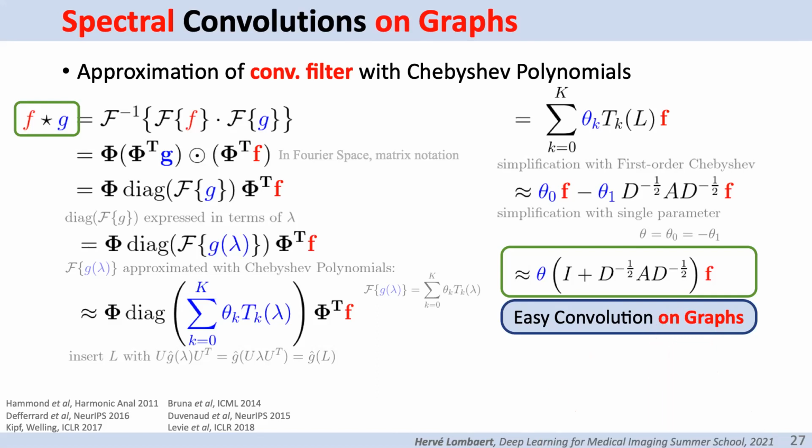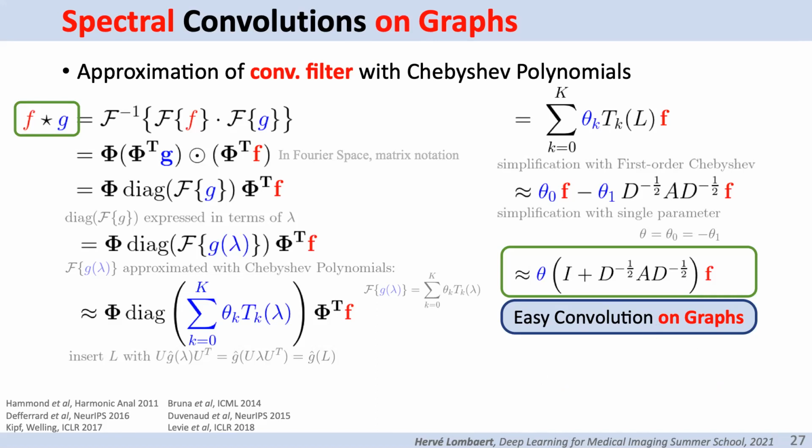Here the convolution, I'm sparing you a bit of the math, simply becomes a multiplication with a degree matrix, that's D, an adjacency matrix, and a polynomial representation of the kernel weights that is simplified to one single element.